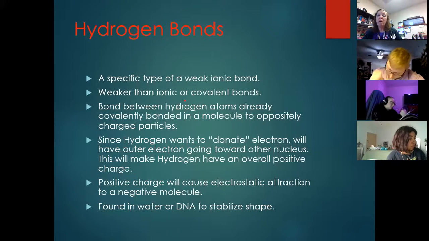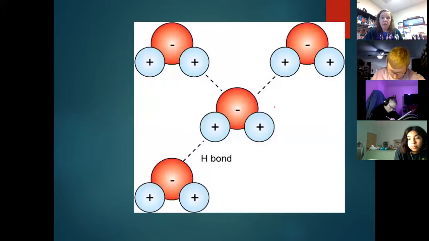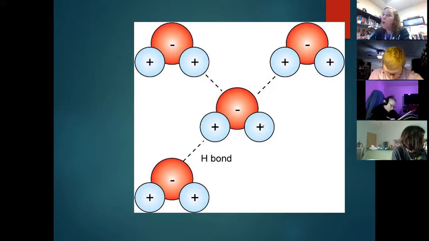So our hydrogen bond really is a combination of both. We're sharing electrons because our oxygen and our hydrogen are covalently bonded, and we have the electrostatic bonding of molecules to other molecules. So here we have our H2O molecule, and we can see it is polar.